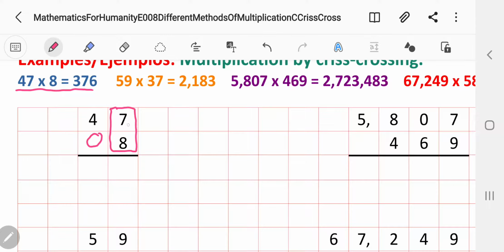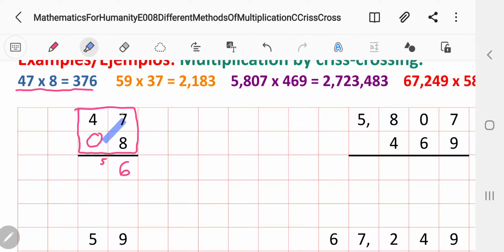We multiply 7 times 8, that's 56. So we write 5 here and then 6 here. Then we erase this and enclose the four numbers. The next one is to enclose these four numbers and do the crisscross.